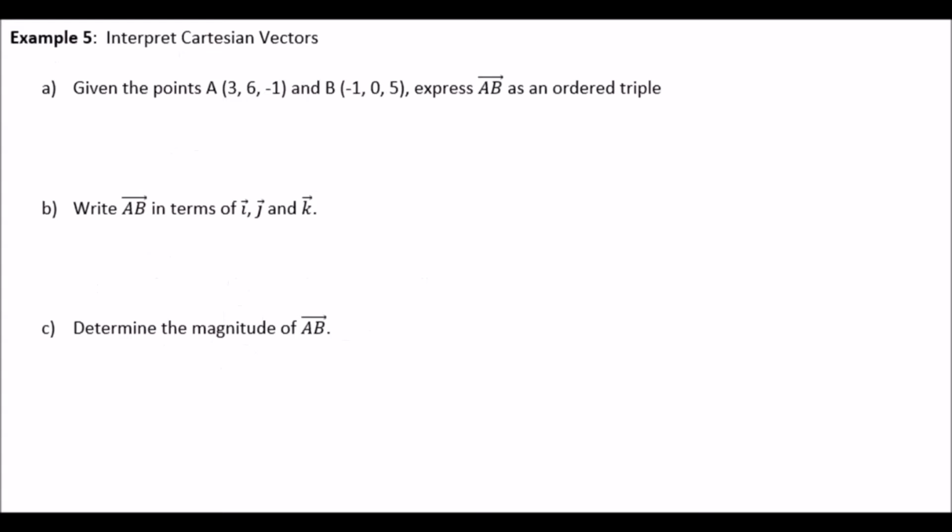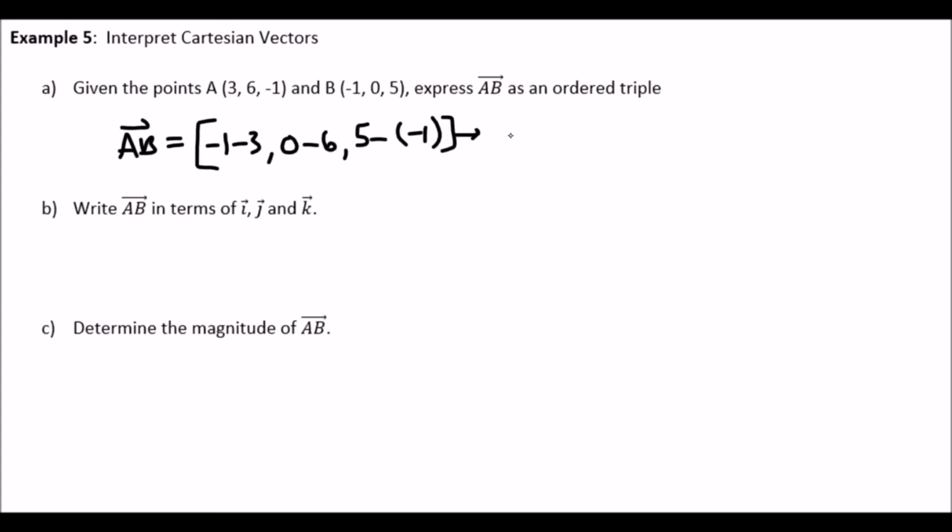Example 5. Given the points A and B, express AB as an ordered pair. So again, we're going really back to three space here. So AB, the vector AB, I just do x2 minus x1. So here negative 1 minus 3, comma, 0 minus 6, y2 minus y1, and then z2 minus z1.